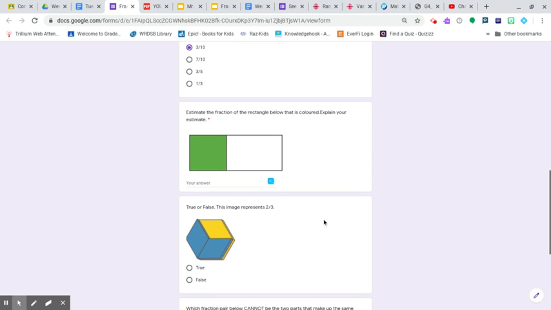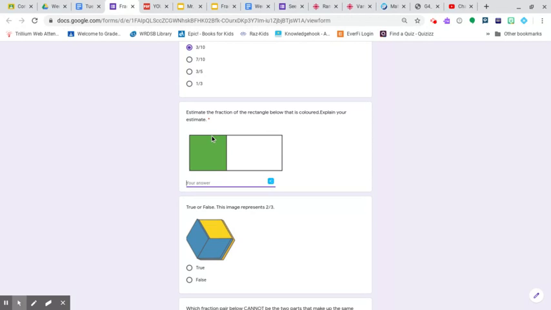Here, estimate the fraction of the rectangle below that is colored. So estimate, again, you're going to think of it as a whole. So if it goes right over here, it would be a half. So if there was a line that goes through here, that would be a half. So it could be a half, but not really. But if I put another line right here, that means that I have 1/4, 2/4, 3/4, 4/4. But this is the half point here.